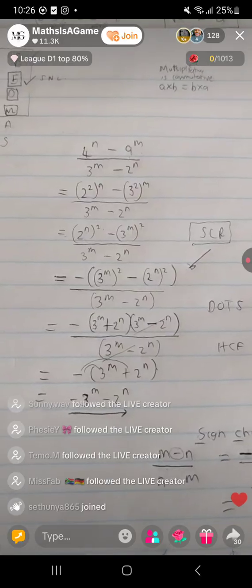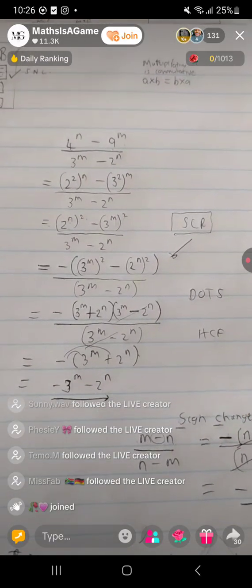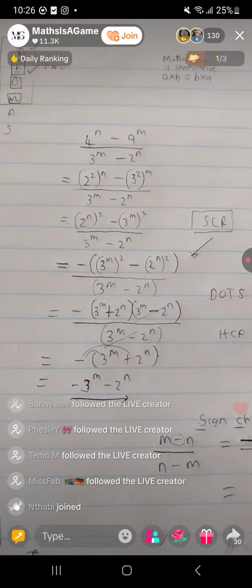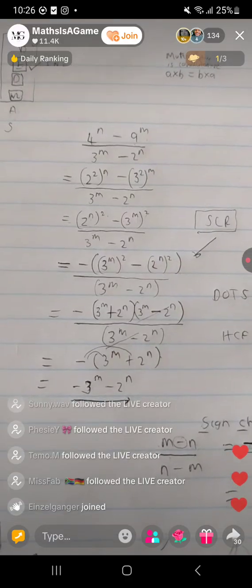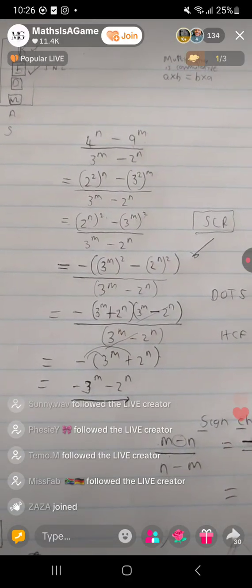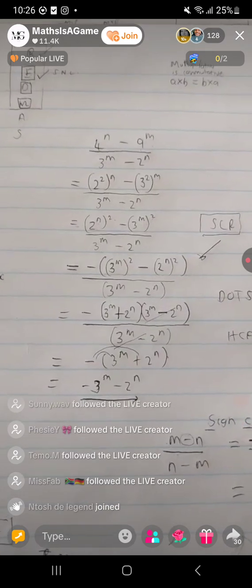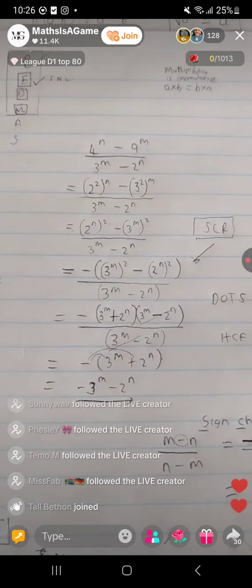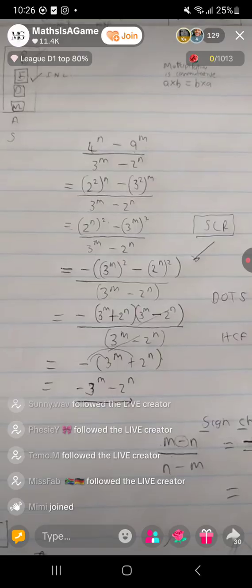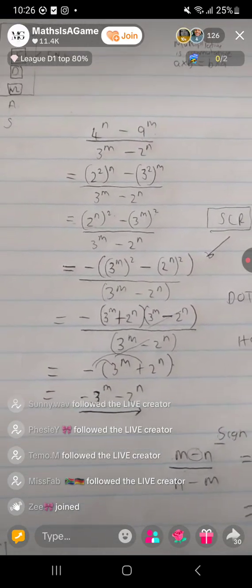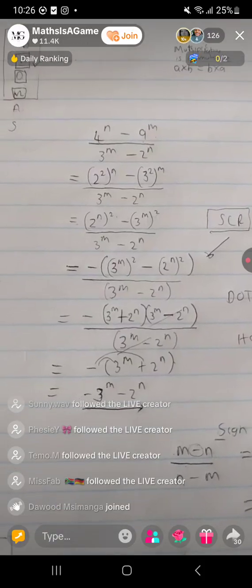Okay. Someone did indicate in the comment section, so what if I let A be equal to this 3 to the power m and let B be equal to 2 to the power n? And then I use the A and the B to simplify. I think it was Clayton. That is fine. You can find the working of the exponents by letting the exponents be a variable, and then you simplify from there.